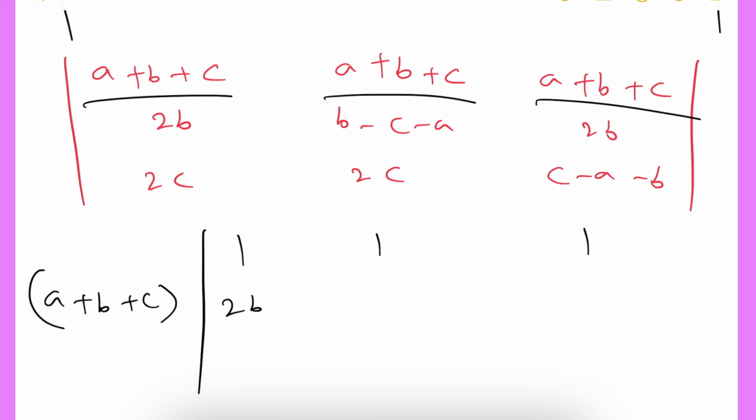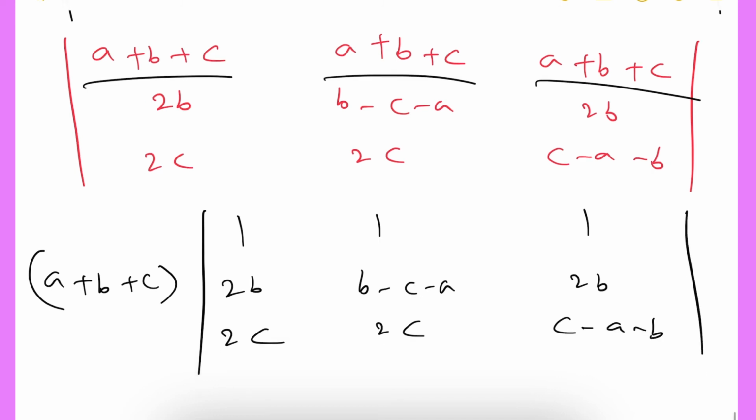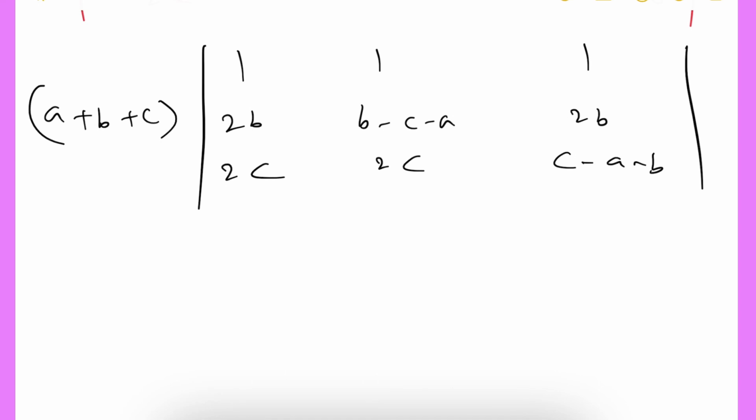The remaining rows are as they are: 2b, b minus c minus a, 2b; 2c, 2c, c minus a minus b. Now for the second column I will write column 2 minus column 1. The same way, column 3 I will change as column 3 minus column 1.